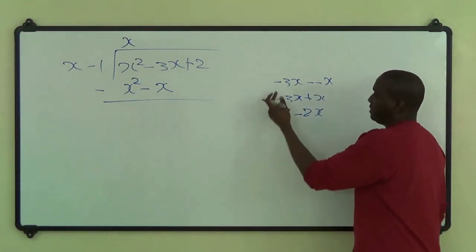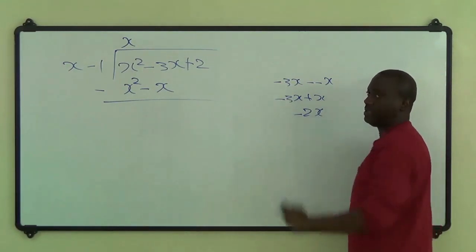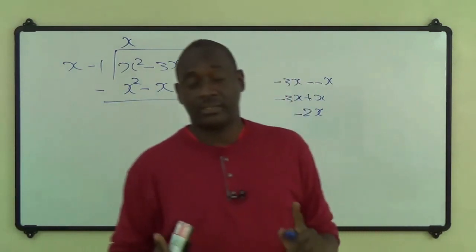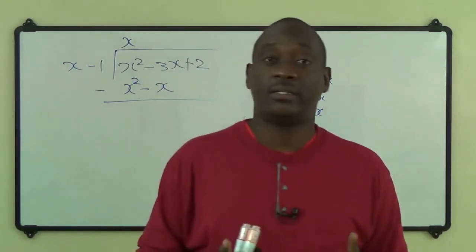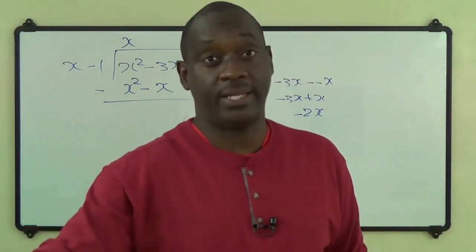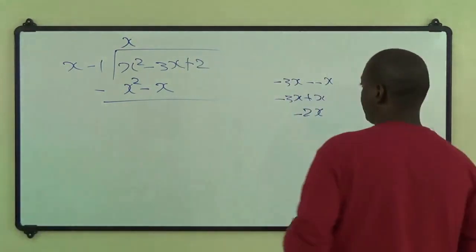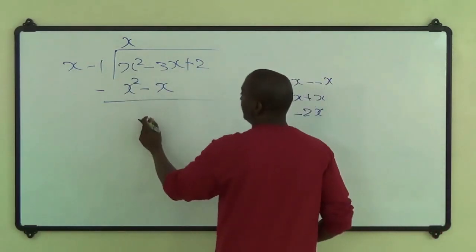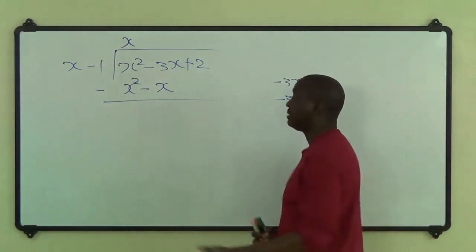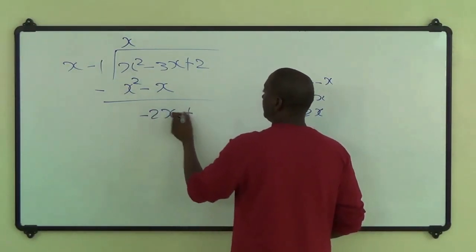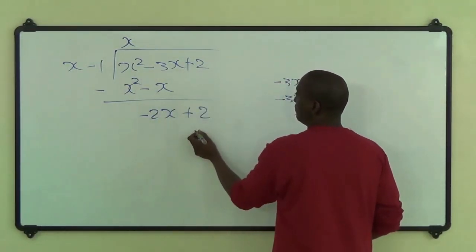Again, to move from here to here to here, if you're doing add maths, that shouldn't be a problem. If you're still having problems with that, then you need to fix that, because it only gets more complicated from here. So minus 3x minus x is minus 2x, plus 2. You bring down the plus 2 from here.